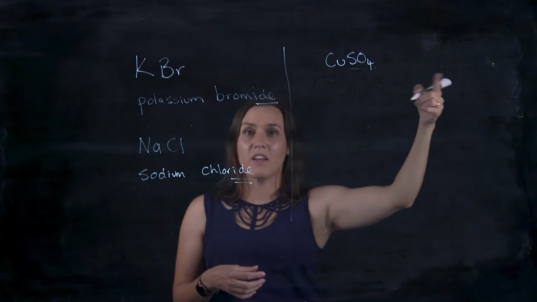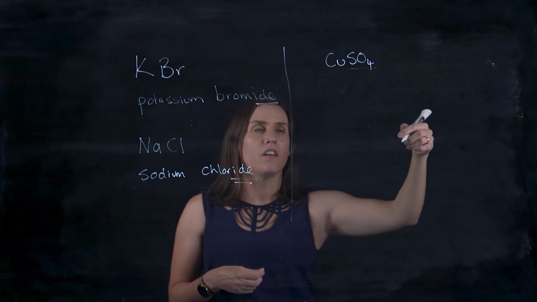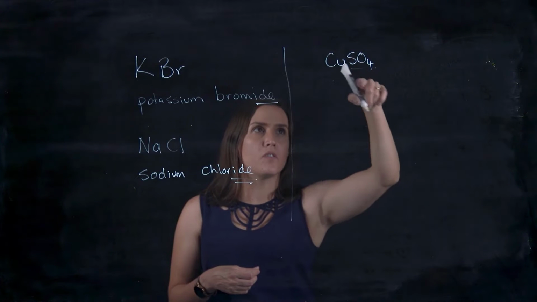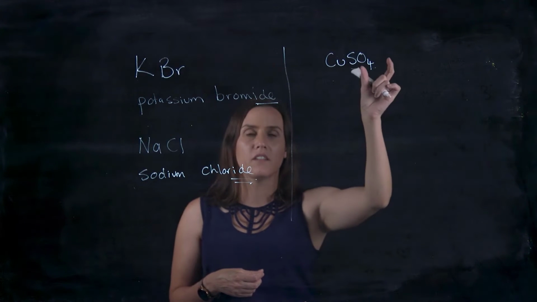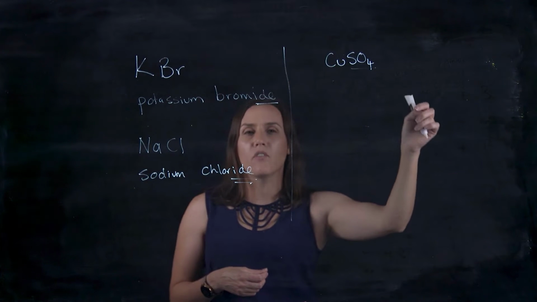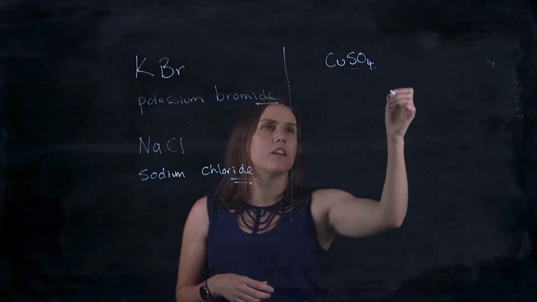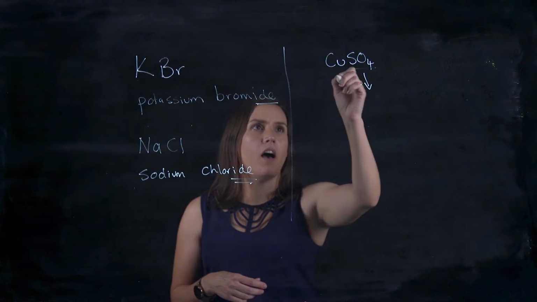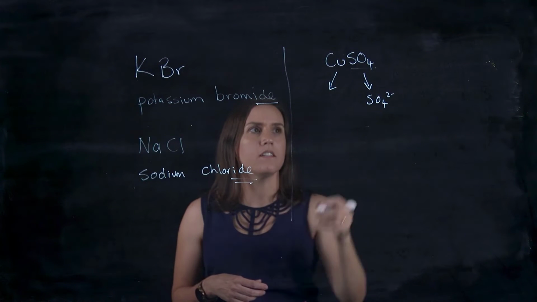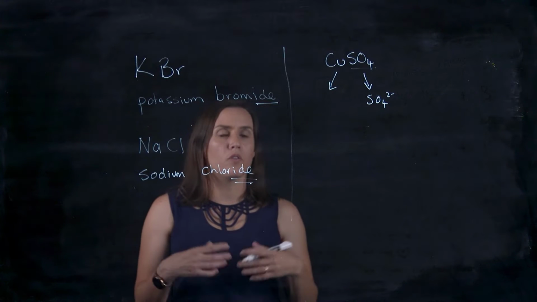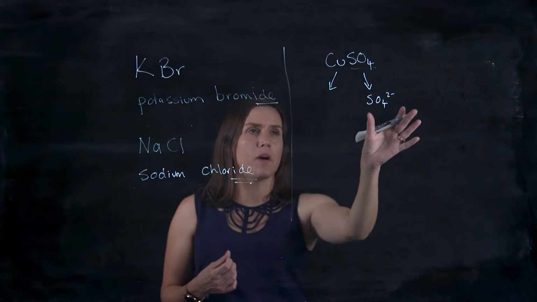It may have one, it may have two, it may have more than that. So you need to know about what sort of charge your polyatomic species have. SO4 is a 2- charge.